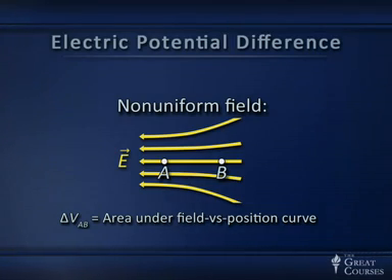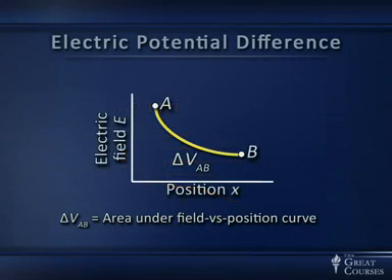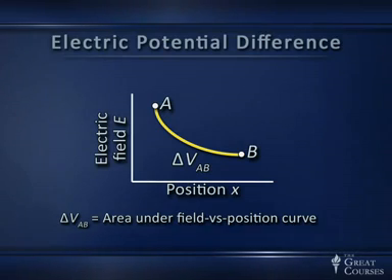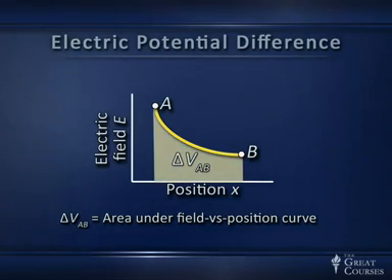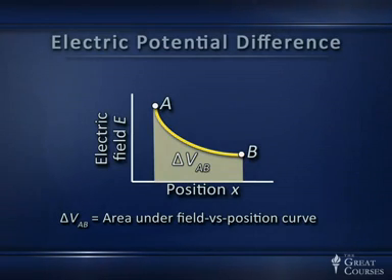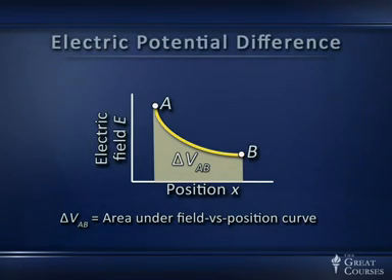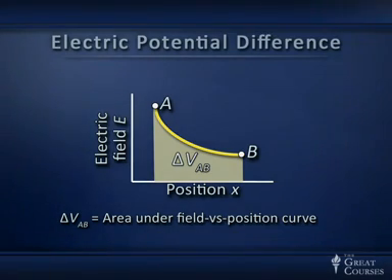But we already did something similar for the case of work back in mechanics when we had a force that varied with distance, and we found that the work was the area under the force-distance curve, or force versus position curve. Consequently, in the same situation, the potential difference is going to be the area under the field versus position curve. So here I have a graph that shows the electric field strength as a function of position.